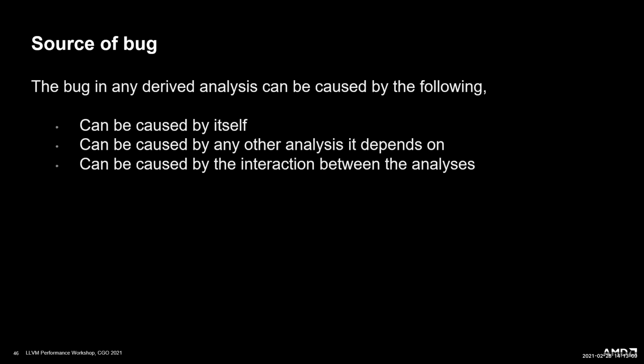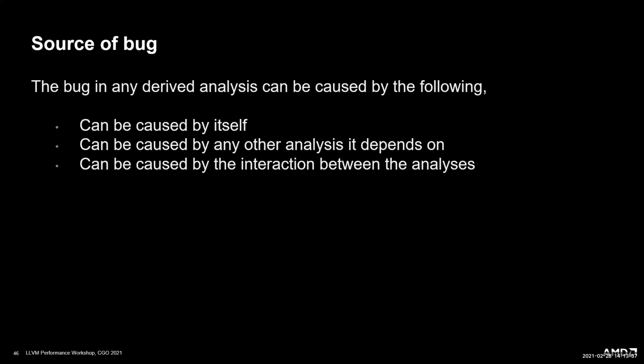So let's say on some test, an analysis showed some unexpected result. This will definitely be counted as an unexpected result for that analysis, even though it's coming from some other analysis, even though it's coming from the interaction.